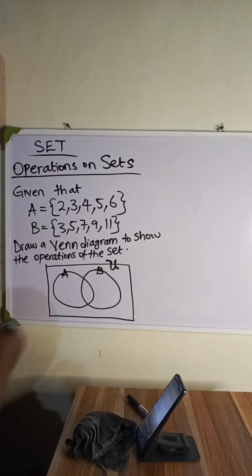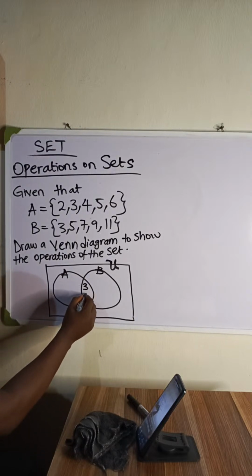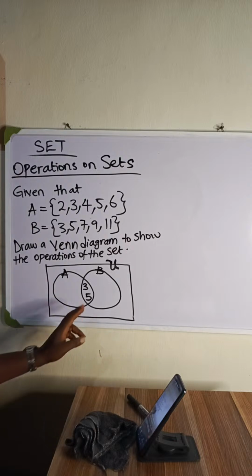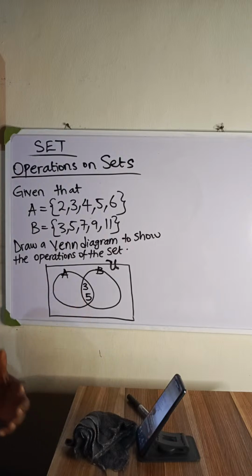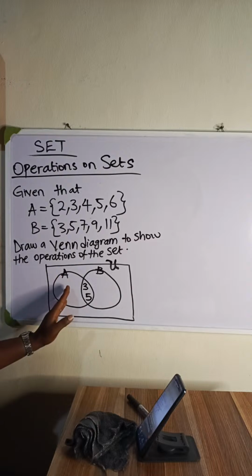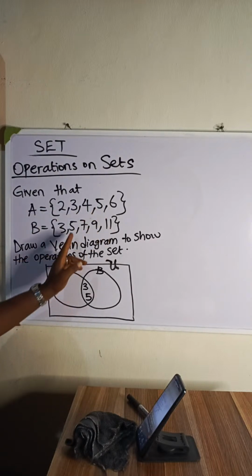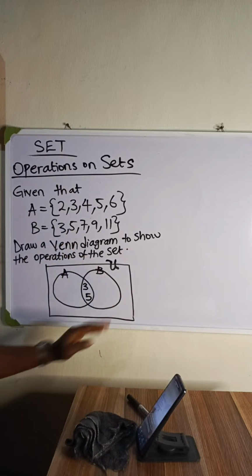Okay, so we have 3, we have 5. Once you've written out the intersection, then you go back to A, you write the rest in A, you go back to B, you write the rest in B.